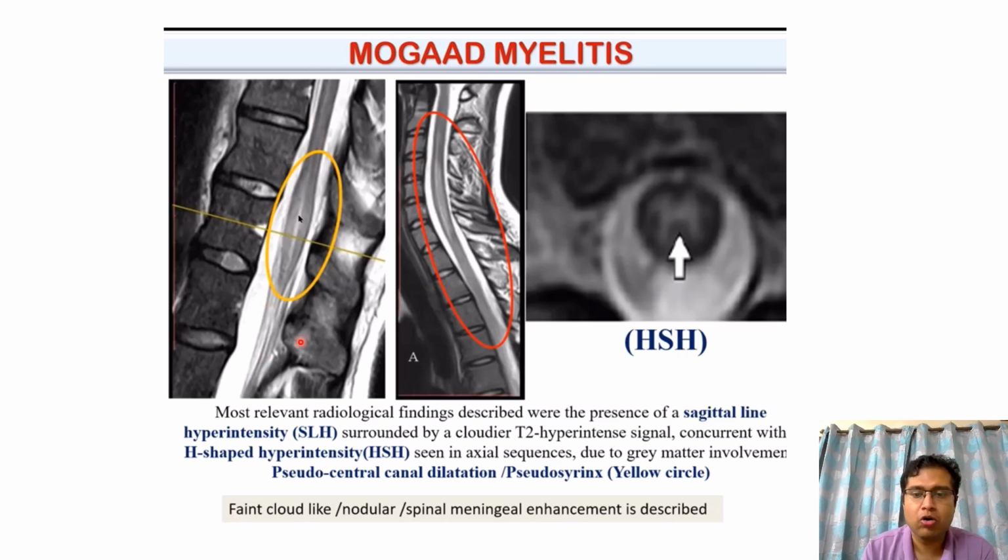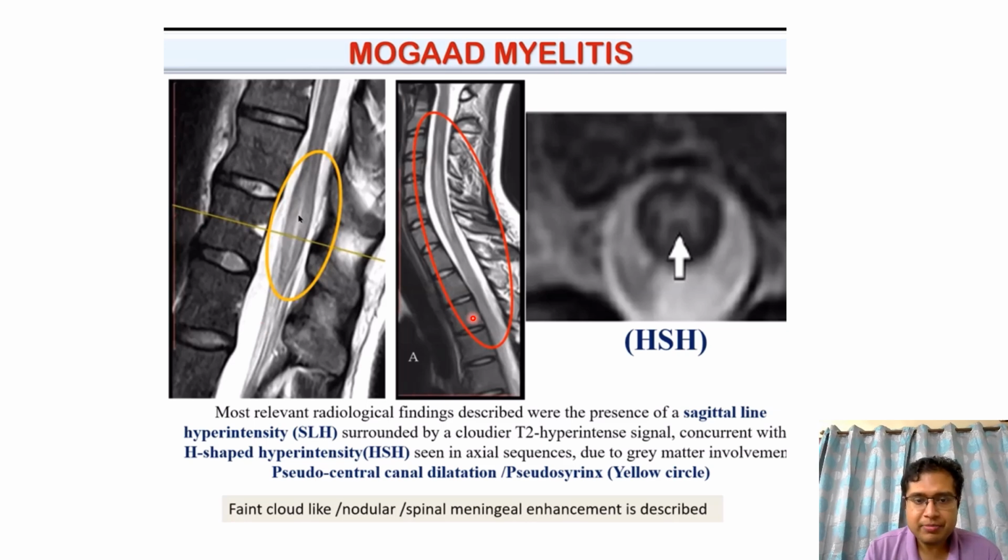A long segment of the spinal cord is involved, and it shows on axial images an H-shaped hyperintensity. That is because of the gray matter involvement, and it gives a pseudo central canal dilatation or pseudo syrinx appearance, as we can see on the sagittal image.